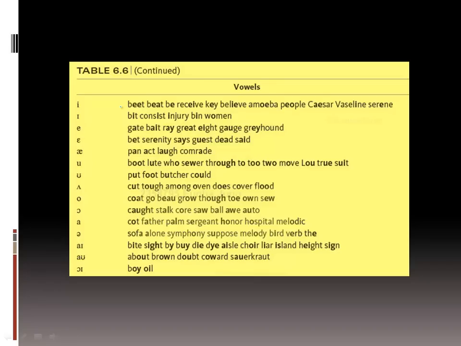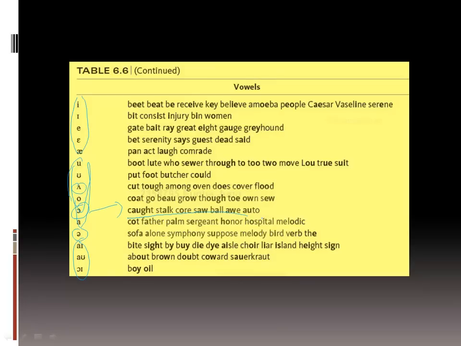Okay, vowel sounds, the same thing. These are all front vowels, back vowels, pretty much, and central vowels, and schwa in the middle. But there is a bit of a controversy, and then diphthongs at the bottom. Some controversy here with this sound, and it's regional. It's a regional variation.